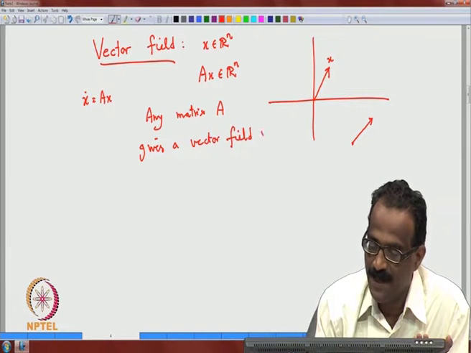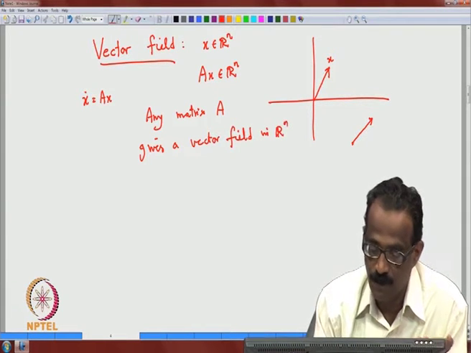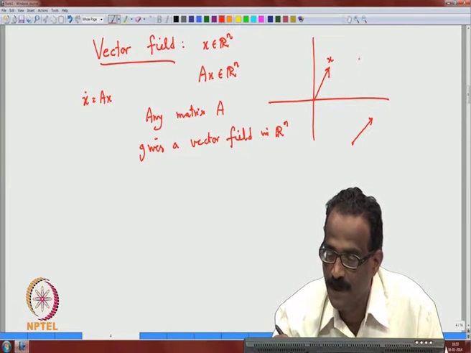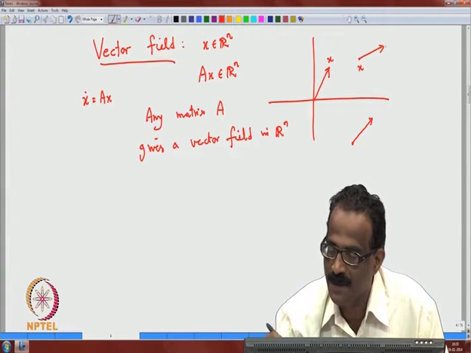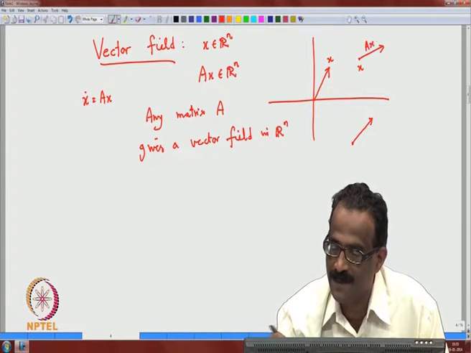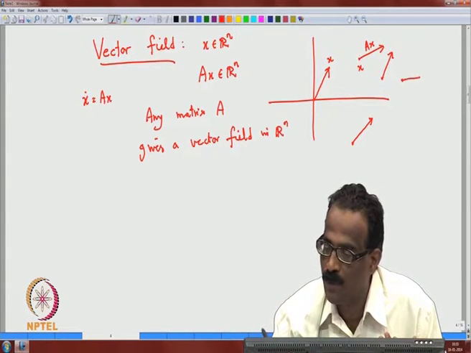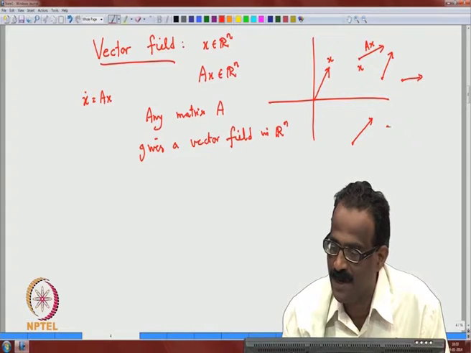So, what you are saying is that for all the points x here, you can associate a vector. This vector is nothing but Ax. If you take another point, you will have another vector. All the points can be associated with vectors.